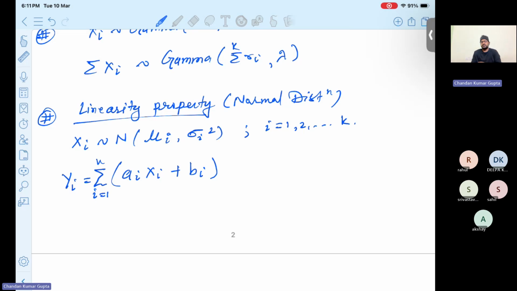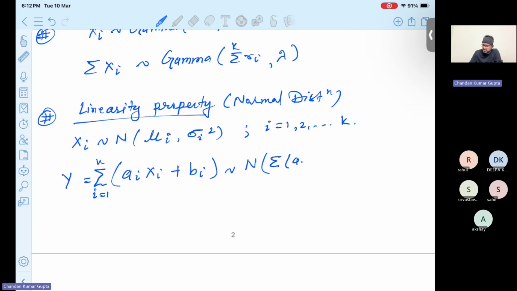So we define a random variable Y equal to the summation of ai Xi plus bi. Obviously, since we are discussing the normal distribution, Y follows a normal distribution again, with parameters, since we are discussing summation, as follows.